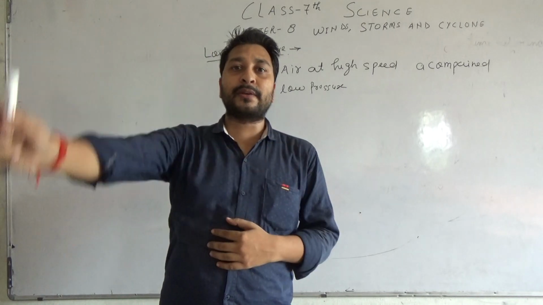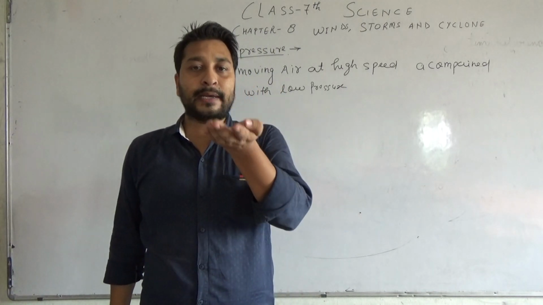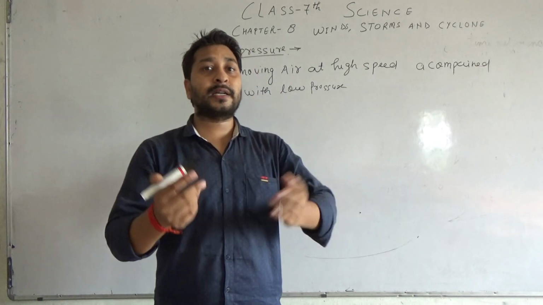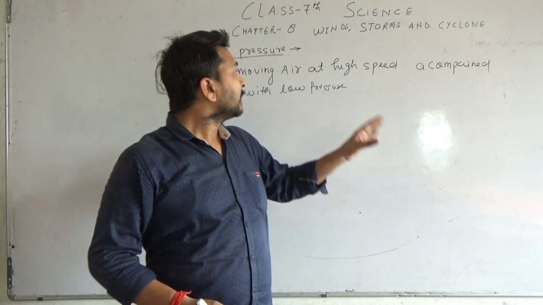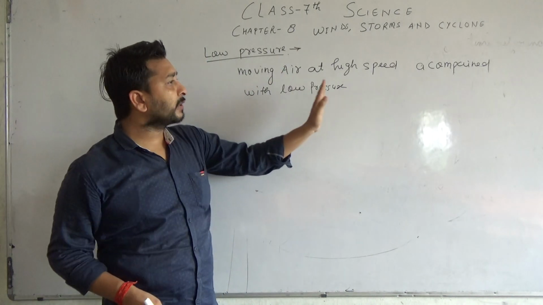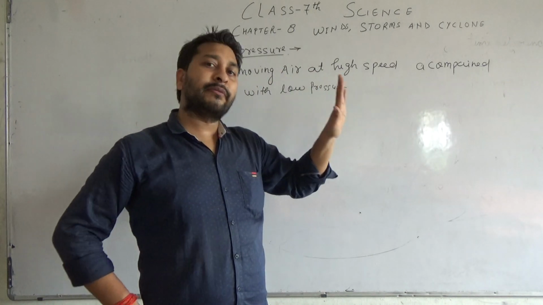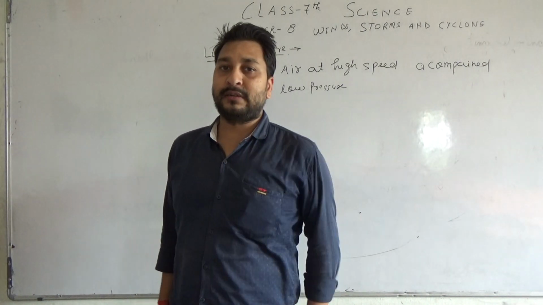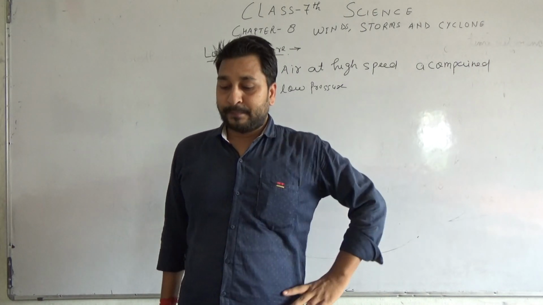Due to the pressure difference, the air pushes the tin upward. That's why the structure gets distorted. So you must remember that where air is moving with high speed, there is always low pressure. Understand? Okay.